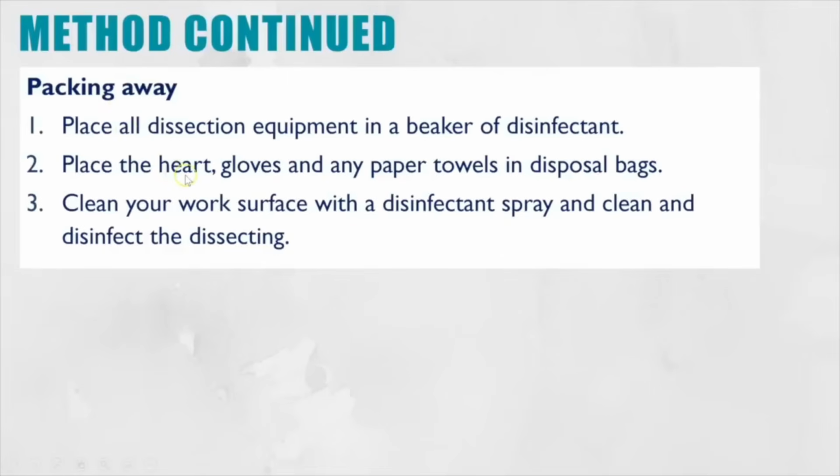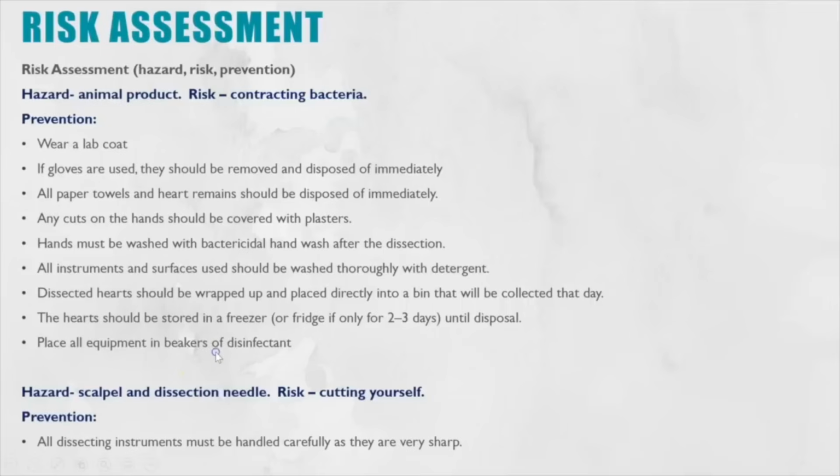You should place the heart, the gloves you may have worn, and any paper towel that came in contact with the heart into disposal bags, which won't just go into the classroom bin. They'll be disposed of safely and removed that day. And you also need to clean down your work surface with different disinfectant. Again, just to make sure that if there are any harmful bacteria that may have been on the heart, you're removing it. So that's the method.